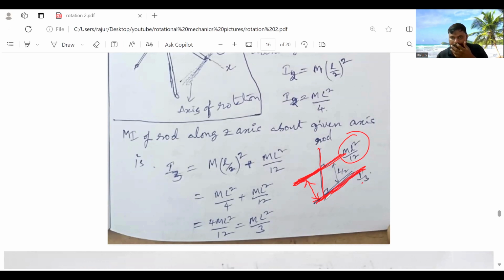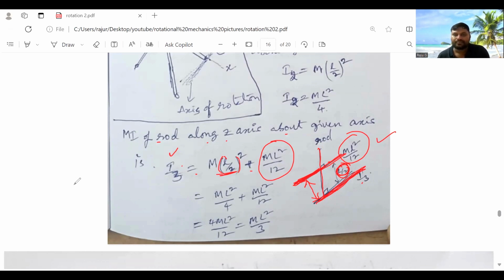The perpendicular distance between these two parallel lines is L by 2. Therefore, by using the parallel axis theorem, I3 is equal to m into L by 2 whole square, where L by 2 is the perpendicular distance between the parallel axes, plus ml square by 12, which is the moment of inertia of the rod about its own axis.